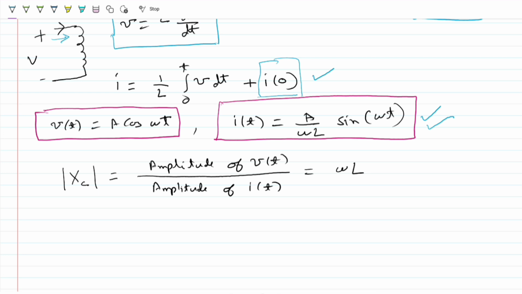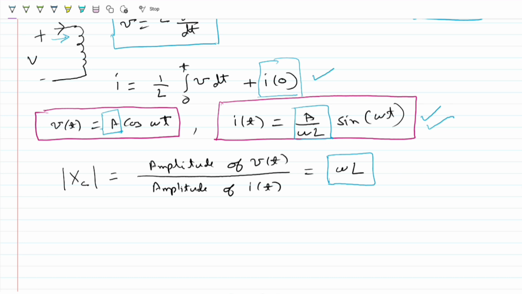This is how it is used to define an inductor. Instead of defining it as independent of time, we define it as the ratio of the amplitudes of the voltage and the current. The voltage amplitude is A, and the current flowing through it is A by omega L. So the ratio of the voltage amplitude to the current amplitude is omega L. This is the magnitude of the reactance, which says that for a certain amplitude of voltage across the inductor, this is the amplitude of the current at the same frequency.